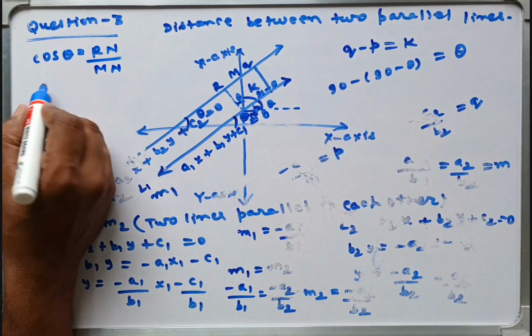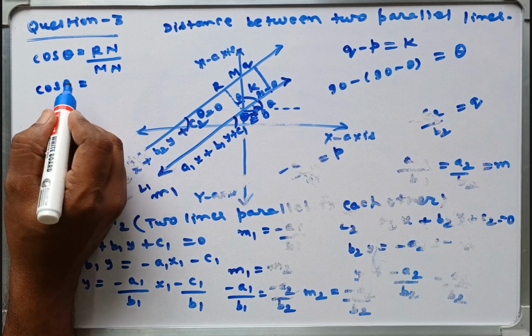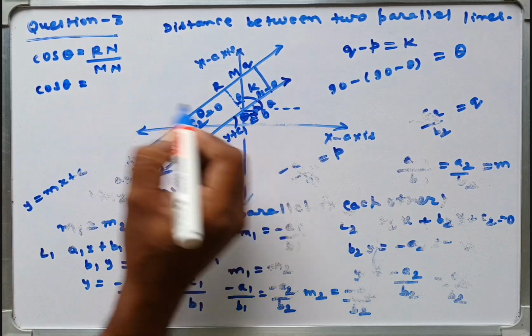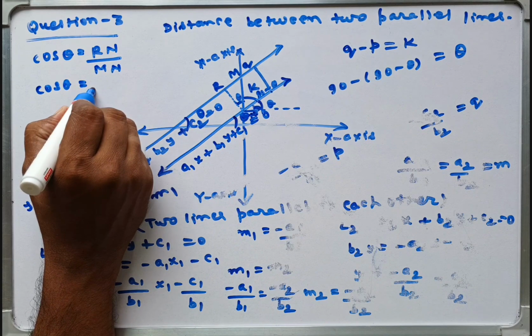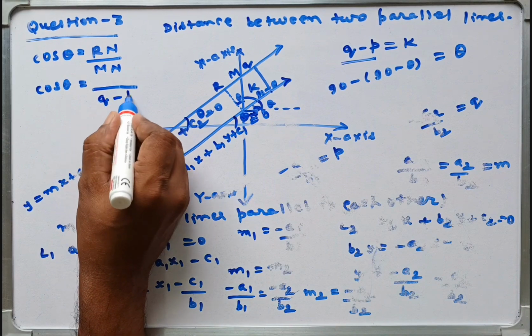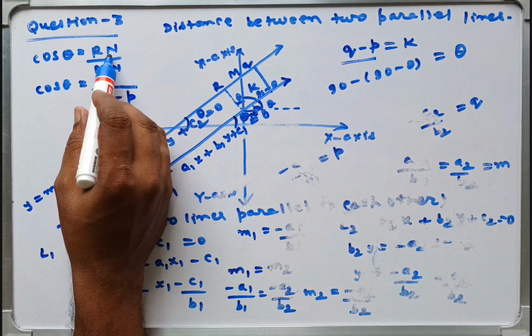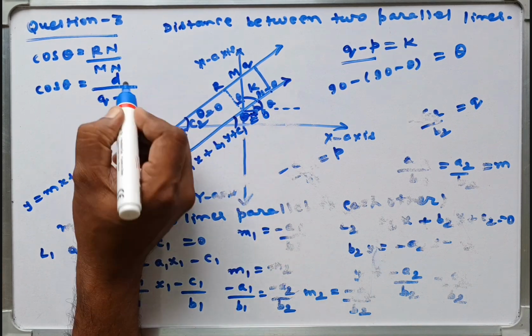So cos theta equals, here MN equals q minus p, and RN, say this is d.